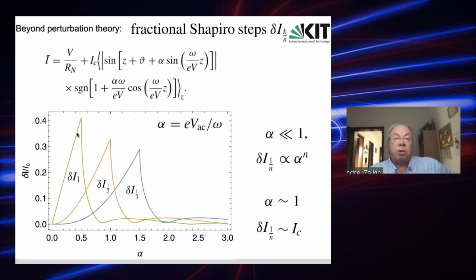But rather, I simply plot the principal Josephson Shapiro steps, then the first fractional Shapiro step, the second fractional Shapiro step, and so on. So for alpha much smaller than 1, we have this simple dependence, which is illustrated here. Indeed, it's only the main, integer Shapiro steps which matter.